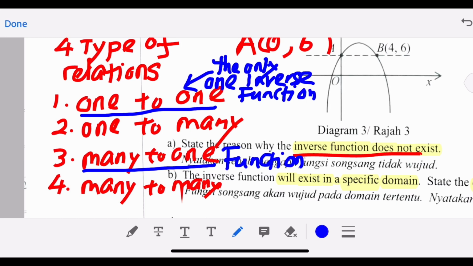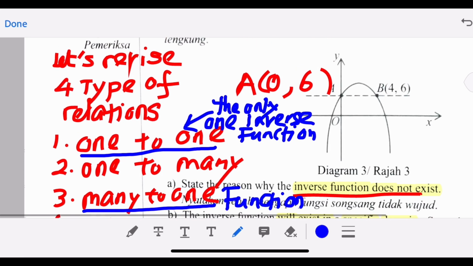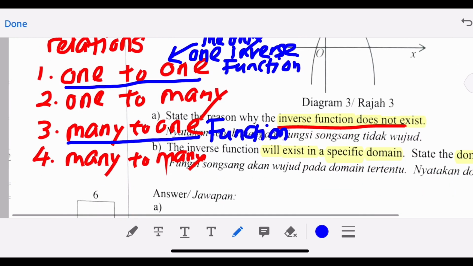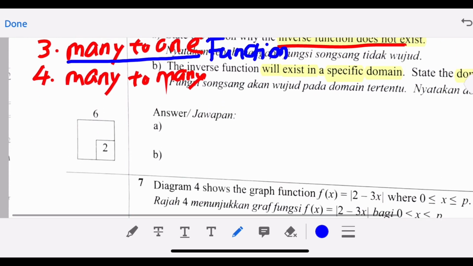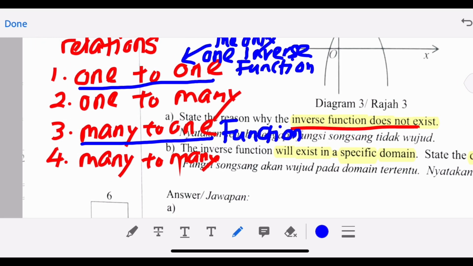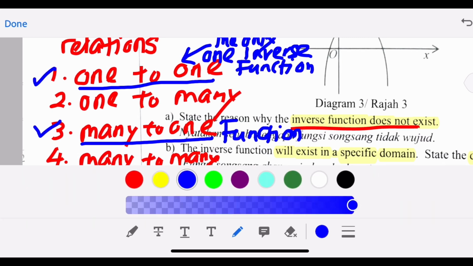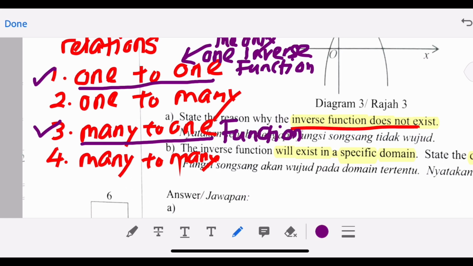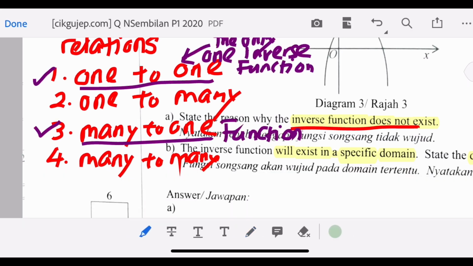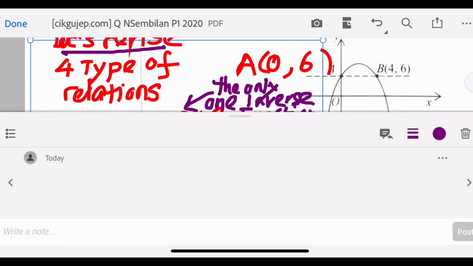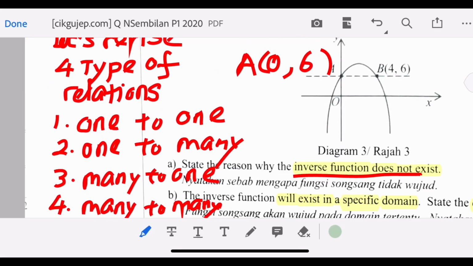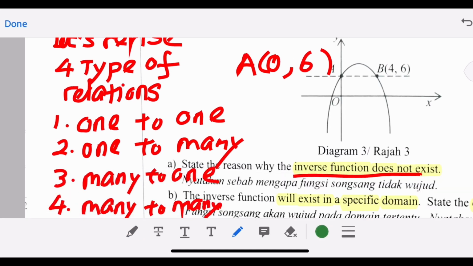So now let's go to the graph. Actually, you have learned the horizontal line test. You can draw a line across the graph. When you see the line cutting at two points, that means it's many-to-one. If the horizontal line cuts at only one point on the graph of the function, then it's one-to-one.